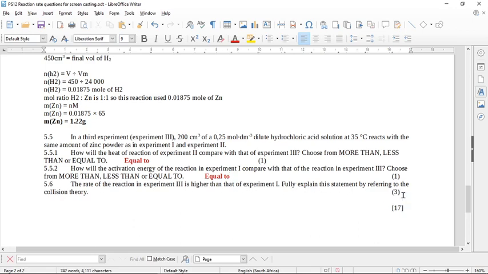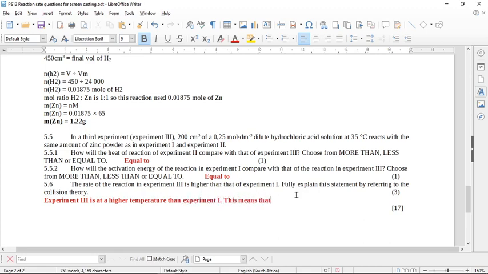So collision theory, whenever we talk about collision theory, we must talk about effective collisions, number of particles, and whether we are increasing or decreasing the rate of reaction. So now let's explain this nicely. Experiment 3 is at a higher temperature than experiment 1.